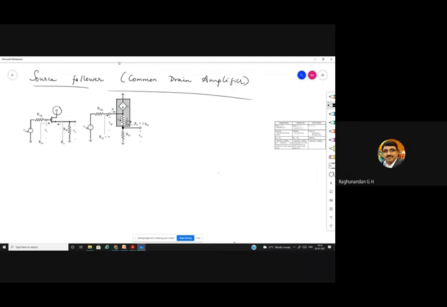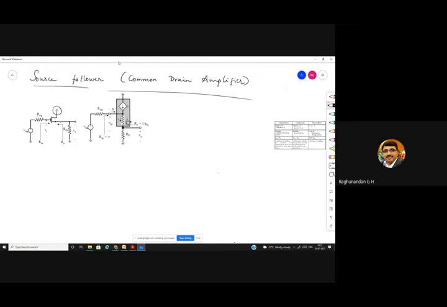And since we are taking output across the source, we are going to consider the external resistance across the source terminal, not across the drain terminal, because the drain terminal is grounded. When the drain terminal is grounded, and it is common to both the input and the output circuit, we will not be getting any output there.